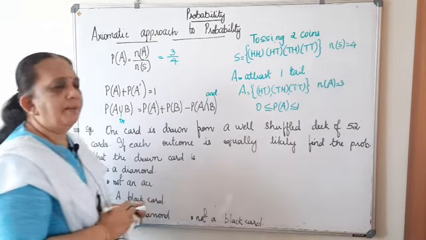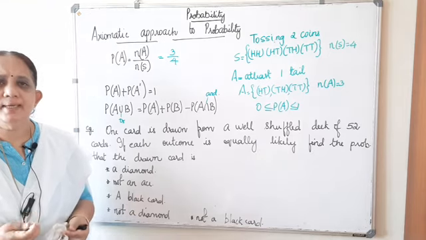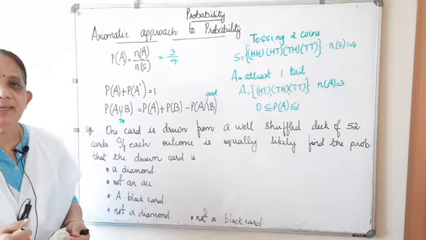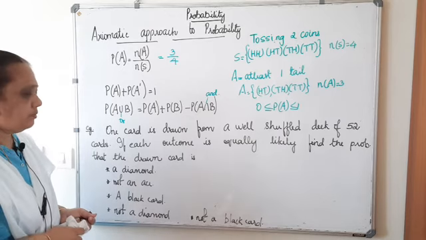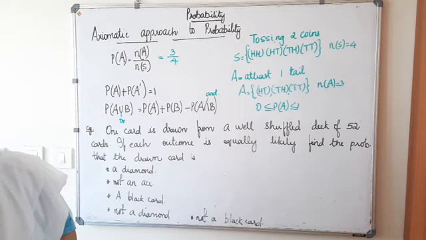The minimum value the probability can take is 0, and the maximum value the probability can take is 1.